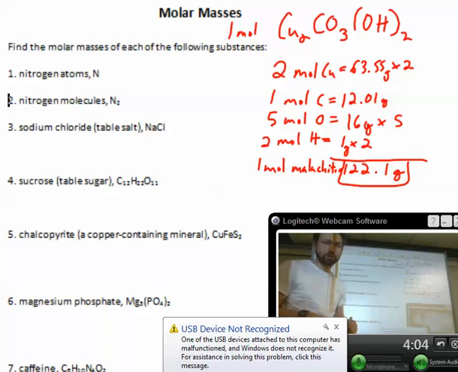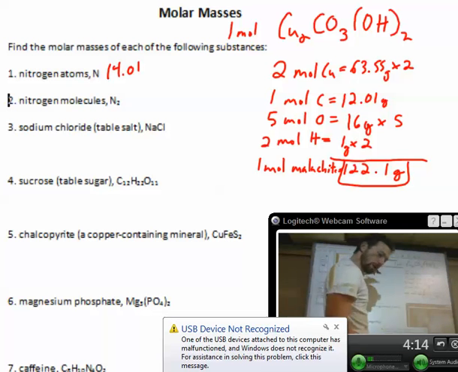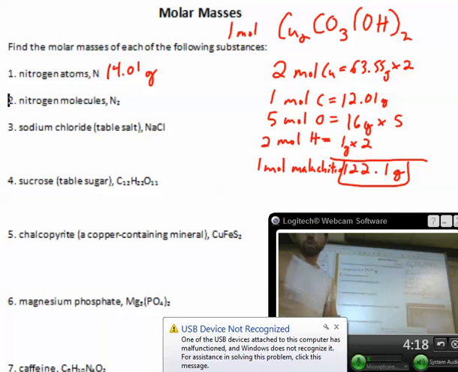For nitrogen, 1 mole of nitrogen, what's the molar mass? Go to the periodic table. I see that nitrogen has 14.01 grams for 1 mole. That's the molar mass of a nitrogen atom.